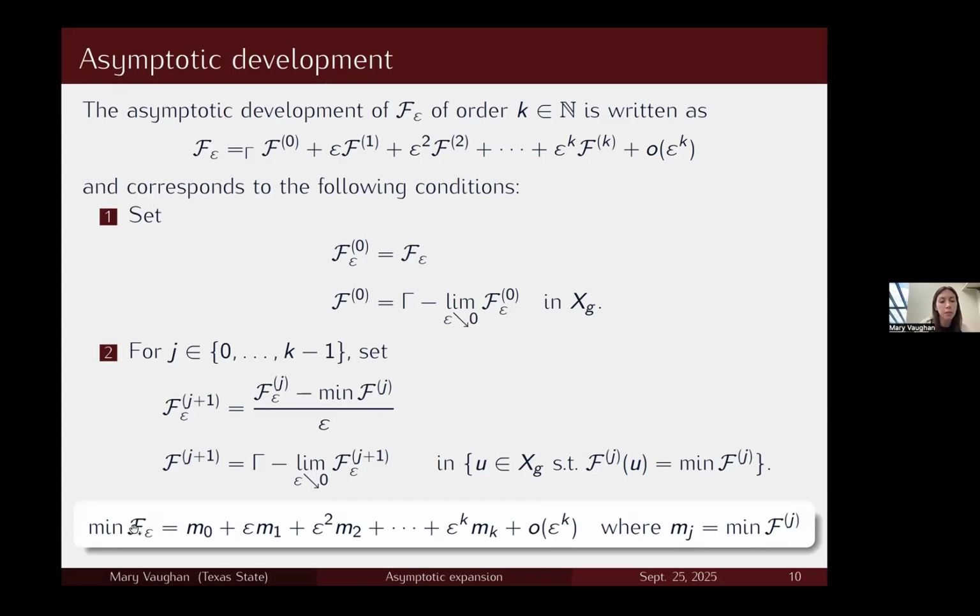So you can write the minimum of F epsilon over your function space X in this expansion: the minimum value of F0 plus epsilon times the minimum value of F1, etc., plus some lower order term. So again, that's part of the power of this asymptotic development: the expansion of minimizers as well.